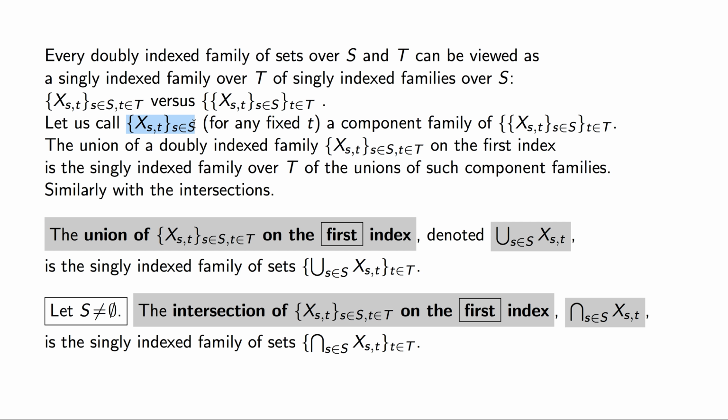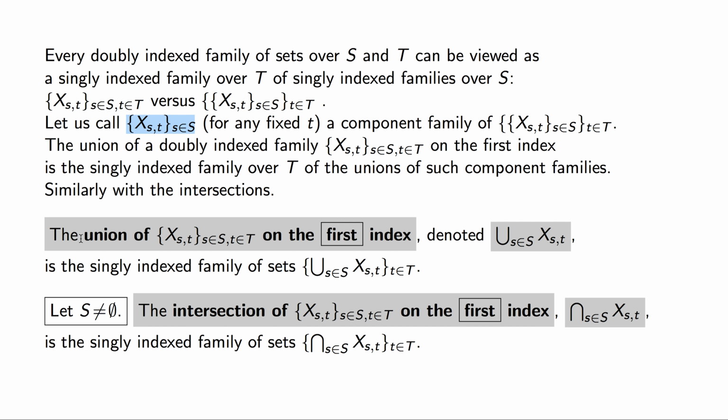It is indexed just by s, because t is constant. And for such a singly indexed family, I know what union means. Such a union can be formed for any fixed t.